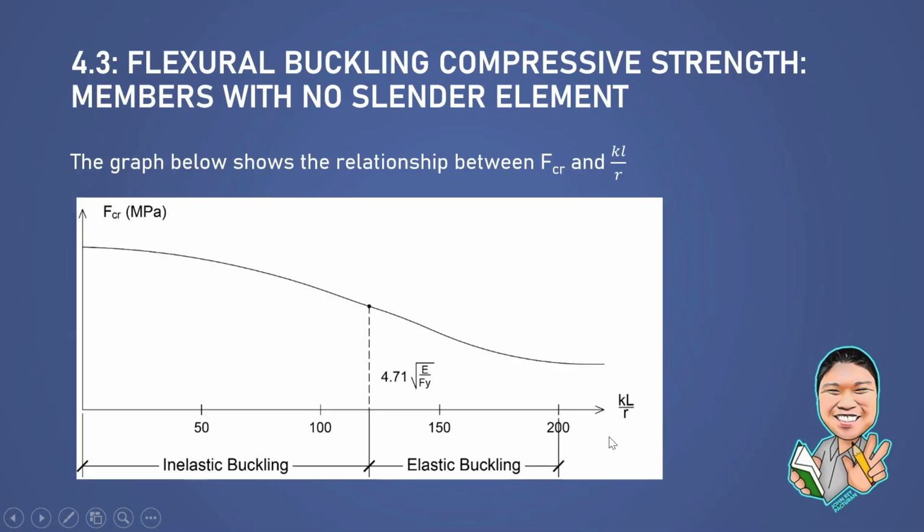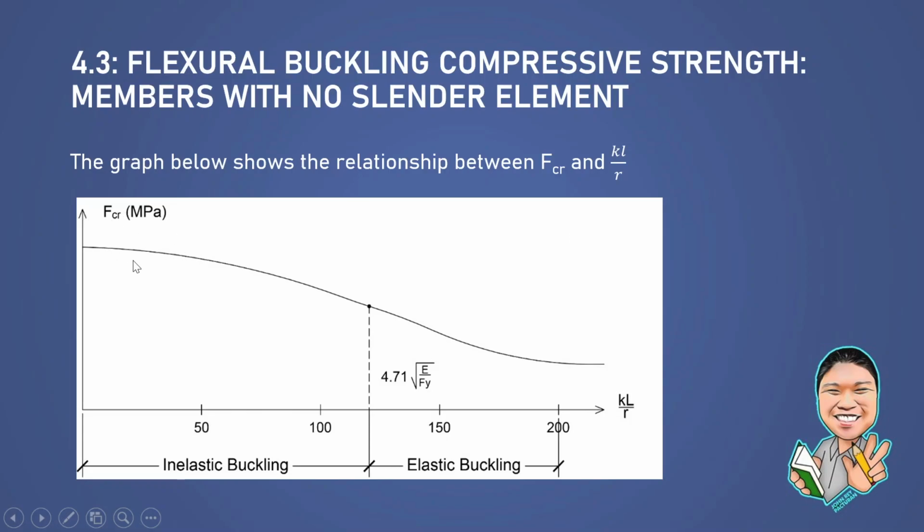So, this graph below shows the relationship of Fcr and KL over r. So, notice na ang boundary natin is yung 4.71 square root of E over Fy. Kapag mas maliit yung slenderness ratio, ibig sabihin po nun, mas malaki yung Fcr.